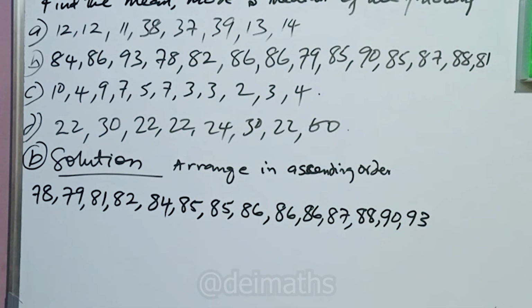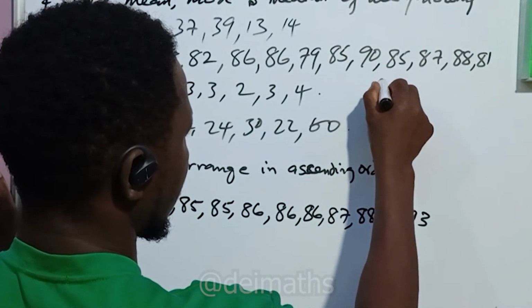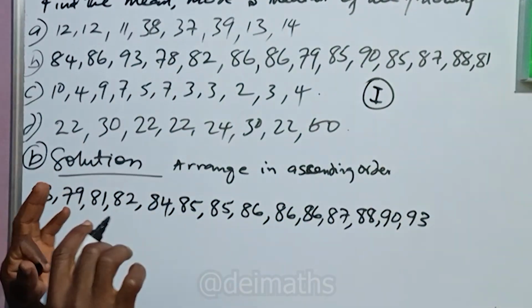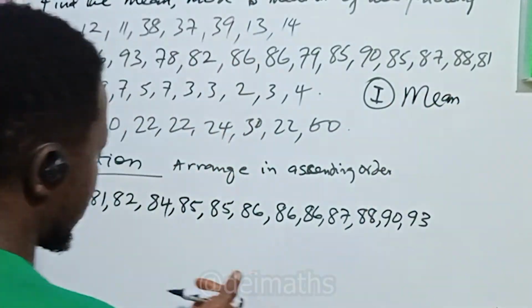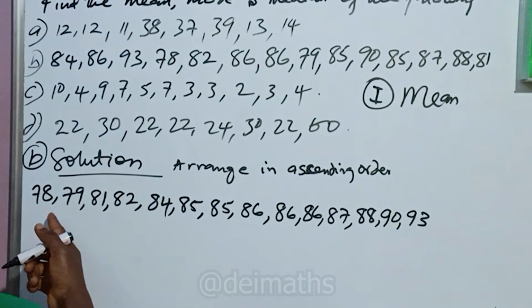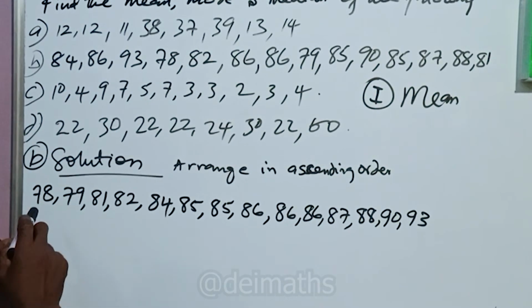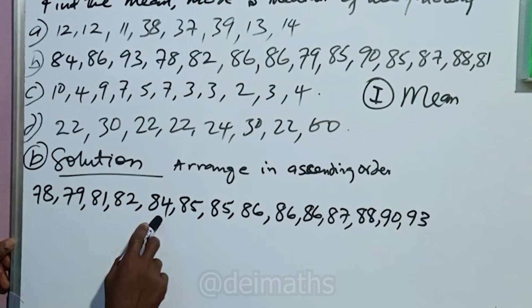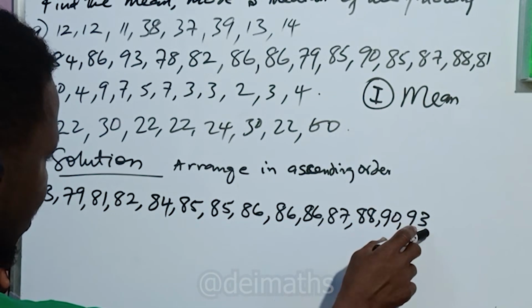Now we find the mean. The mean is the sum of these numbers divided by the number of quantity. So we have 1, 2, 3, 4, 5, 6, 7, 8, 9, 10, 11, 12, 13, 14.